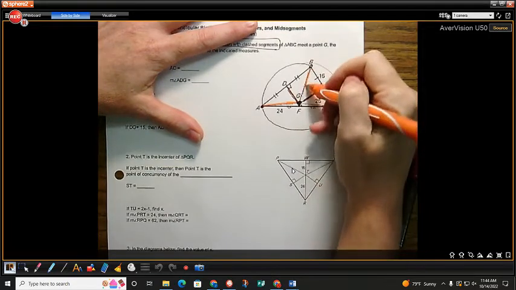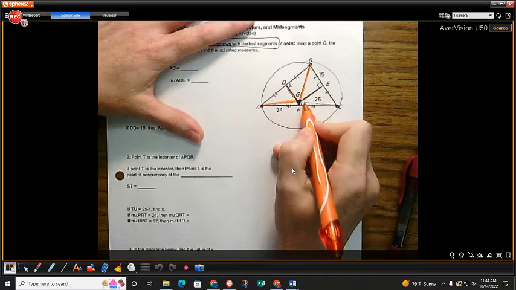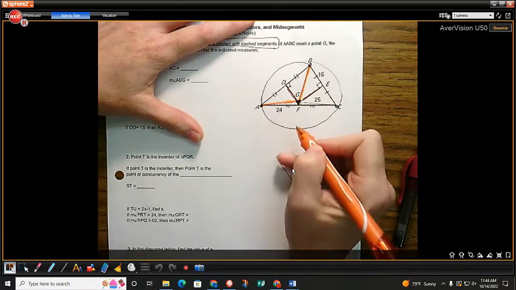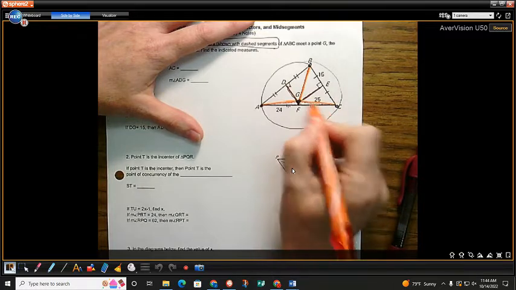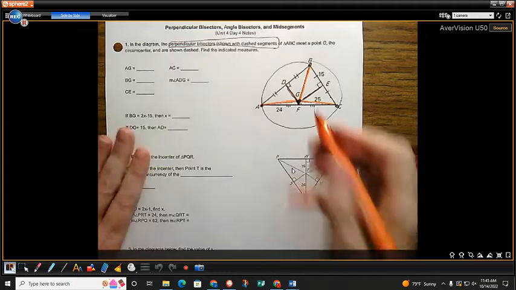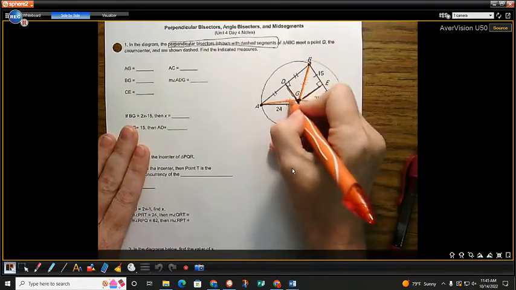BG. And what's the last one? CG. Thank you. But what's true about every radius in the picture? They're all congruent, so mark them as all being congruent.